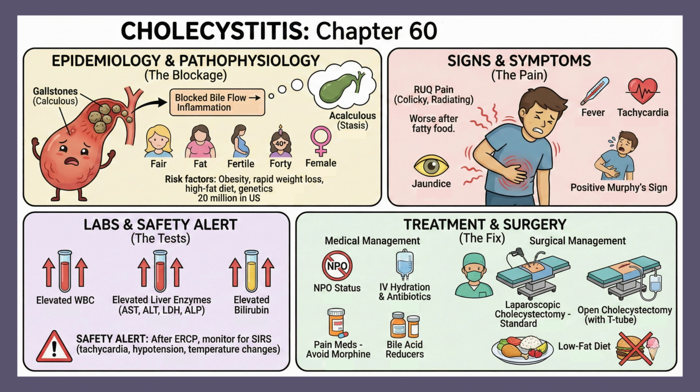The clinical presentation of acute cholecystitis varies, ranging from asymptomatic to severe pain and tenderness in the right upper quadrant, sometimes accompanied by rebound tenderness or guarding, fever, and tachycardia.